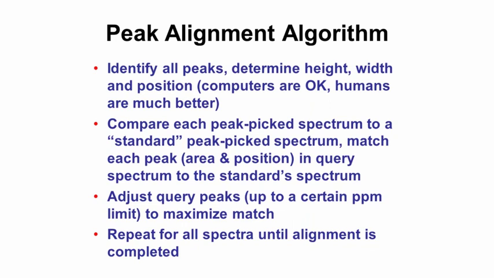You identify your position of the peaks and their height, their width, and their position. And once you've got that, then you can do an alignment where you're matching the standard spectrum, the peak picks, to the queried one, and align things up to a certain level of parts per million in terms of maximizing the match. And you repeat for all of the spectra and all of your samples until all of the alignment is completed.